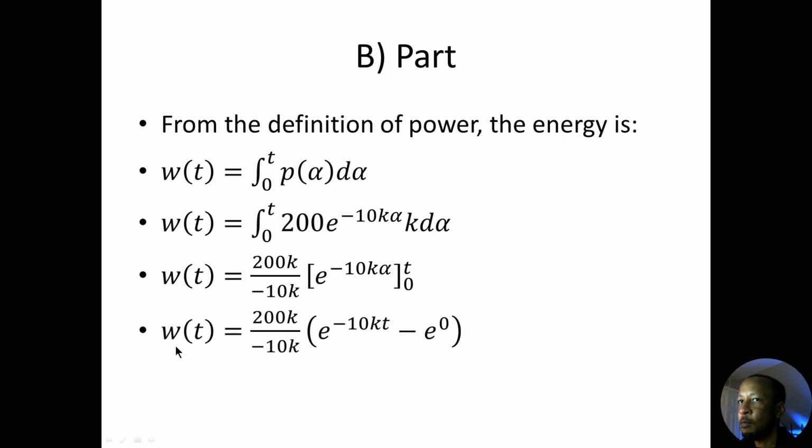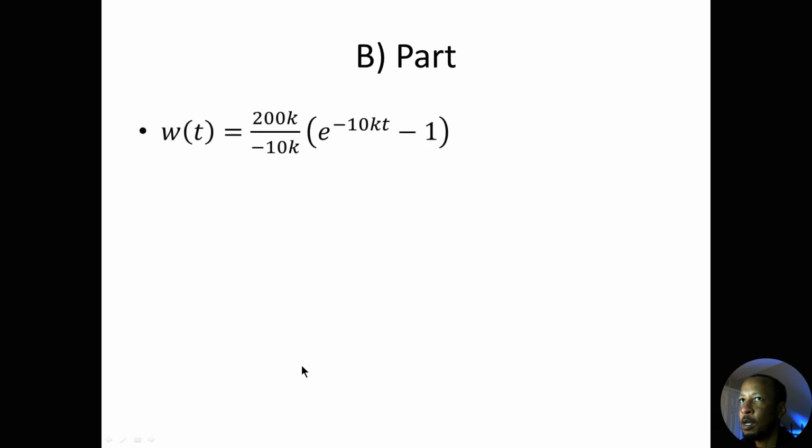Then when we evaluate some more, we get w(t) equals 200k divided by negative 10k, multiplied by e^(-10kt) minus e^0. So w(t) equals 200k divided by negative 10k times (e^(-10kt) minus 1).